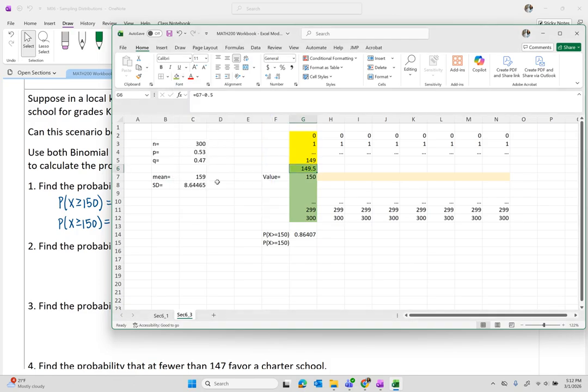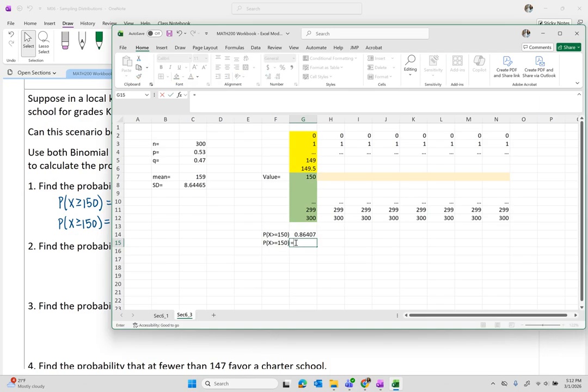So therefore, I want to calculate the probability for the normal distribution up to 149.5. So when I do the normal CDF, I will do it up to 149.5, and then from 149.5 to the right, it will be the probability of x greater than or equal to 150.